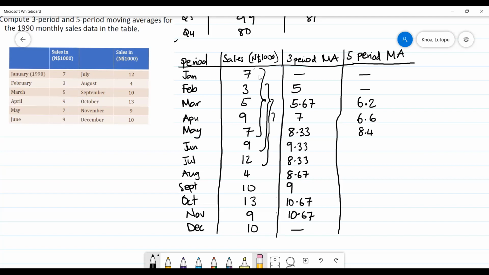Then 9 plus 7 plus 9 plus 12 plus 4. This is 41 divided by 5. This is 8.2. Then we have 7 plus 9 plus 12 plus 4 plus 10.